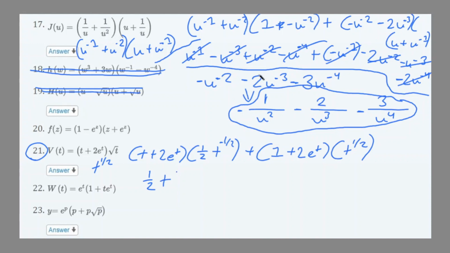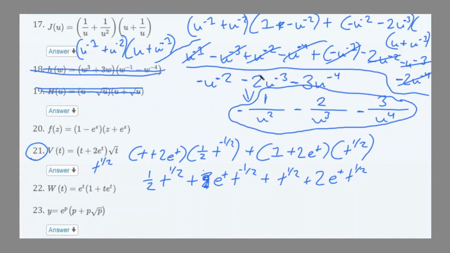1/2 t to the 1/2 power plus, or rather, 1 e^t times t to the negative 1/2 power, and then plus t to the 1/2 power plus 2e^t times t to the 1/2 power.